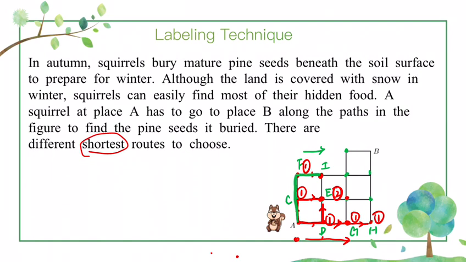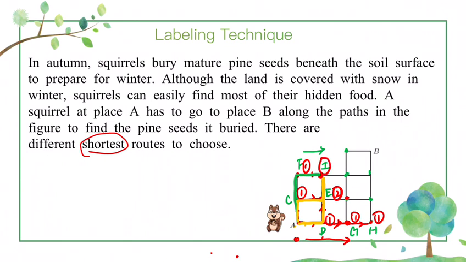Or you can go from E to I, like from here to E to I, it's a way. Or from A to C to E to I is also another way, right? Because from A to E, you have two ways. So of course, if you go from E to I, you also have two ways.